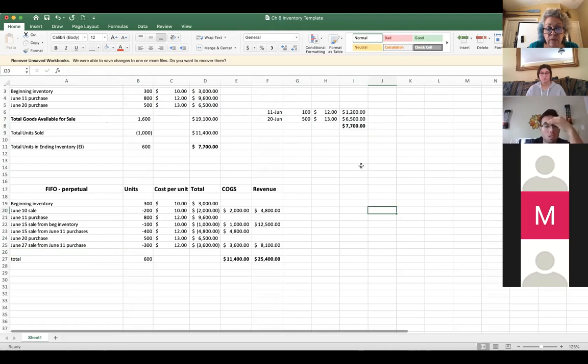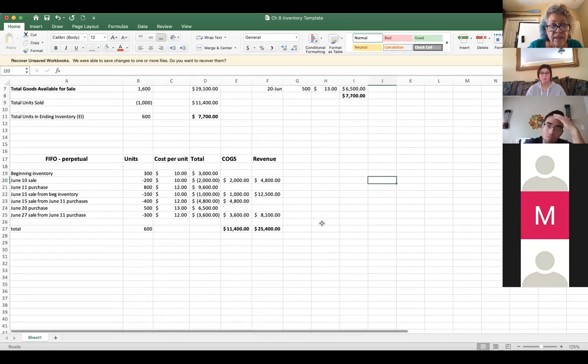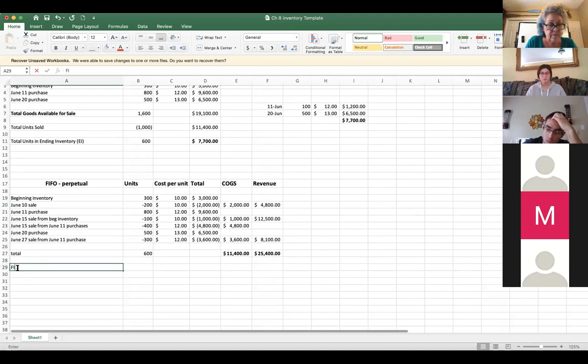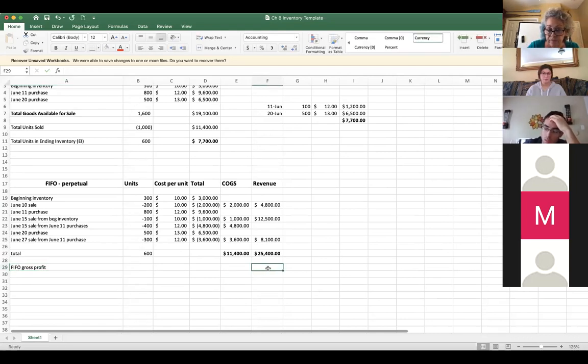Okay, so now let's calculate our gross profit. We know that gross profit is revenue minus cost of goods sold.